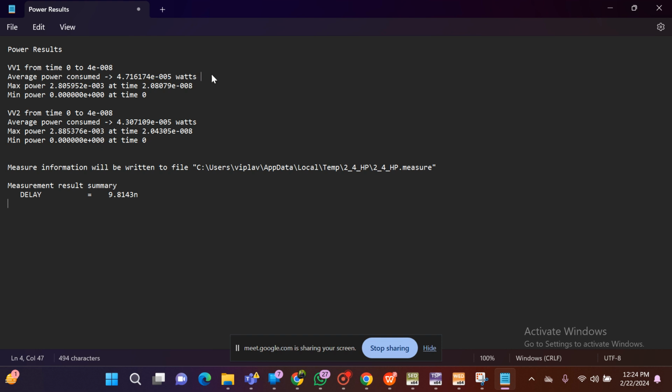We need to change it to microwatts. If we change to microwatts, it will become 47.16, micro in the sense 10 to the power of -6, and this is 43.07 microwatts. Add them, divide by 2, that is your average power consumed, and this is the delay. Okay, got it? Did you understand?